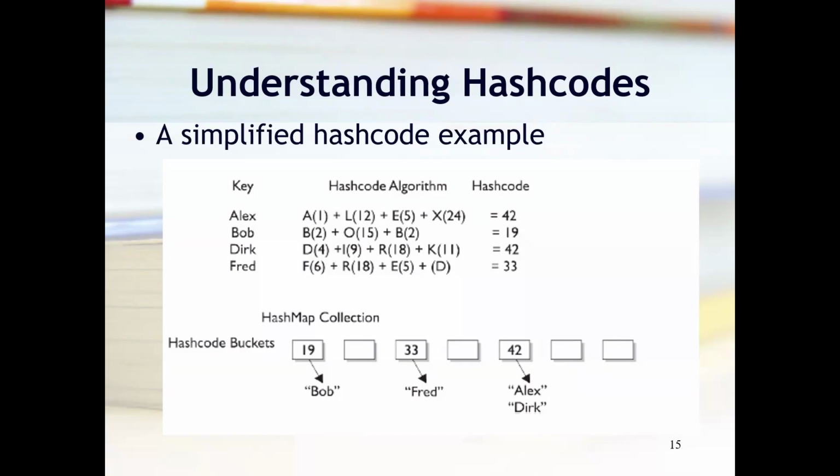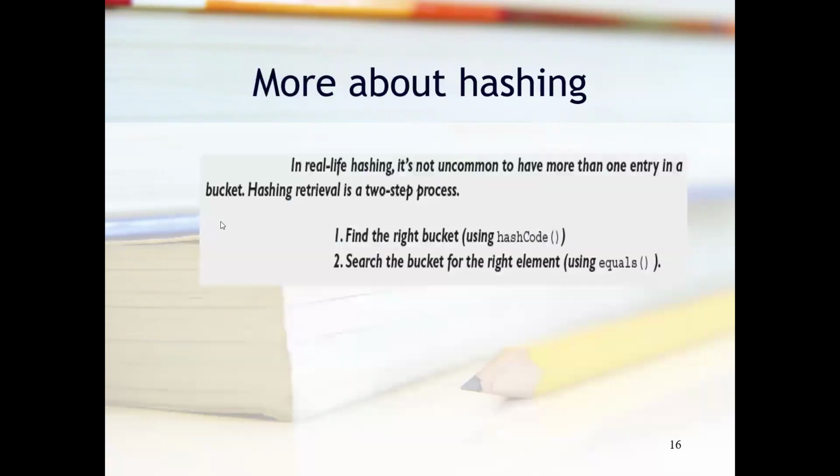When you want to store these, based on the hash code, you find the respective bucket and then you put it there. Alex and Dirk have the same hash code, 42, so they have to be put into bucket 42. When it comes to retrieving, you need to look for bucket 42, and then using the equals method, you look for the word Alex. Therefore, in real-life hashing, you find the right bucket using the hashCode method, and you search the bucket for the right element using the equals method.